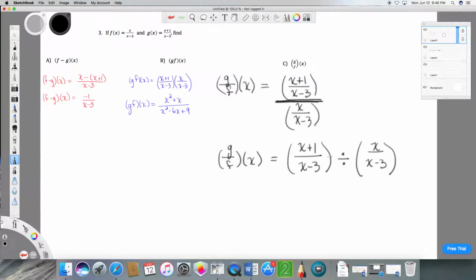Seeing it in this form jogs a lot of students' memories a little bit better, and they remember that division is the same thing as multiplying by the reciprocal. So if we change this division to multiplication, we have to flip this fraction. We have to take its reciprocal, x minus 3 over x.